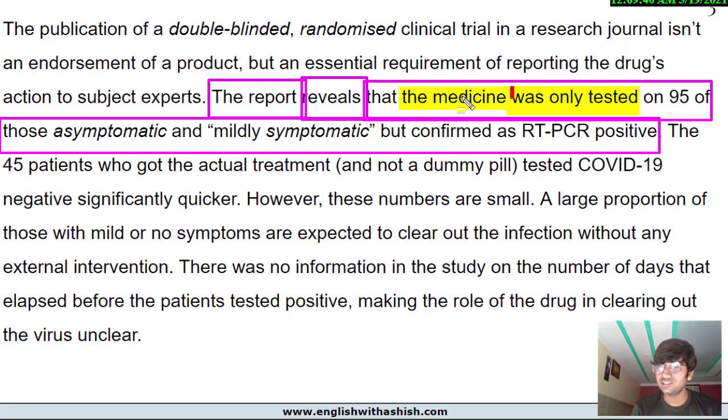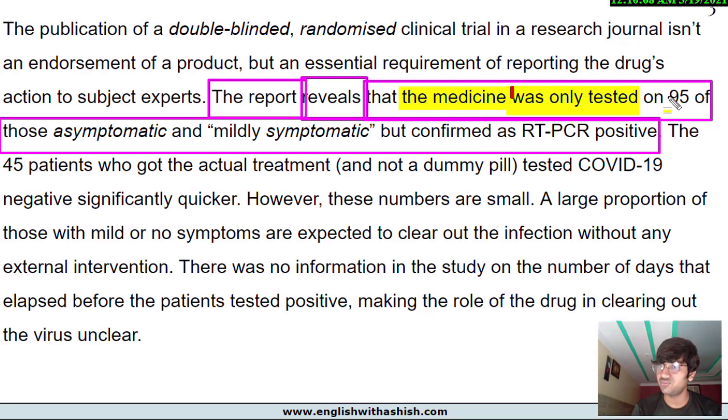That, conjunction; subject of this clause, the medicine; verb phrase, was tested; preposition, on; object of the preposition, on what? 95 of those asymptomatic and mildly symptomatic but confirmed as RT-PCR positive. So this has conjunction, subject, verb phrase, preposition, object of the preposition.